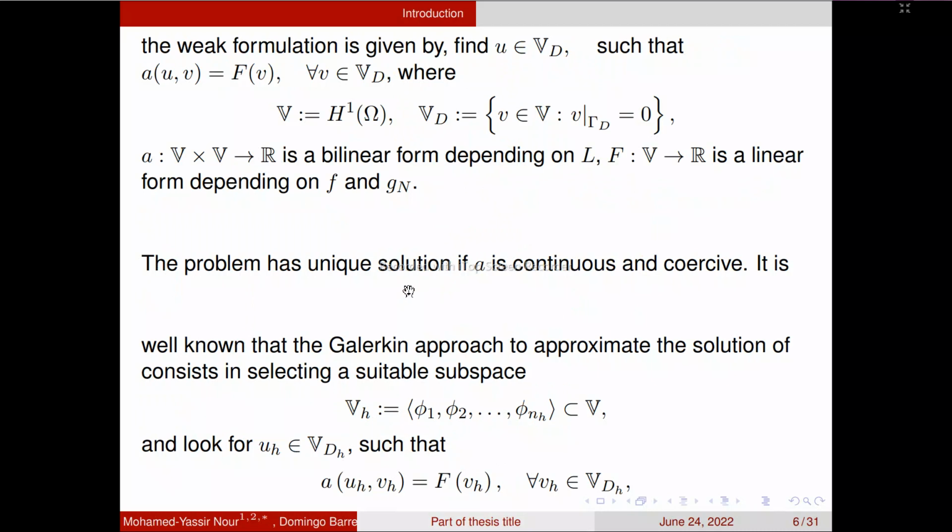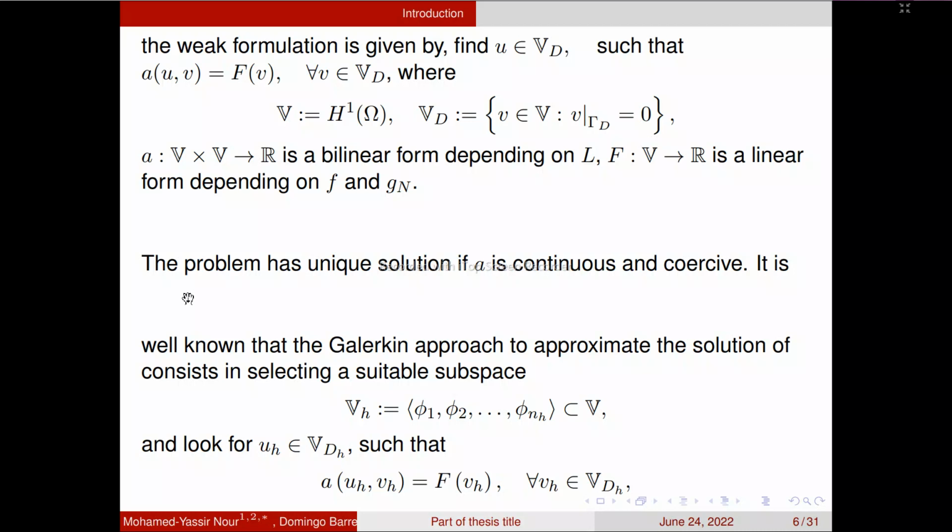As we know, by weak formulation or variational problem, with some conditions on a, continuous and coercive, we can state that the problem has a unique solution by using the Lax-Milgram theorem.